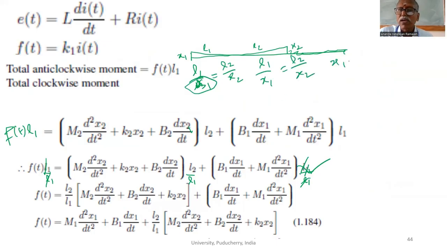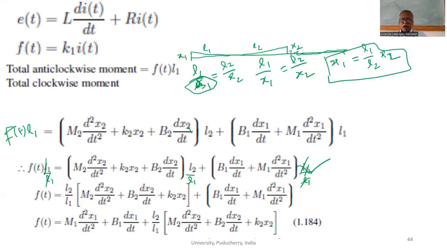Therefore, x1 equals L1 upon L2 multiplied by x2.